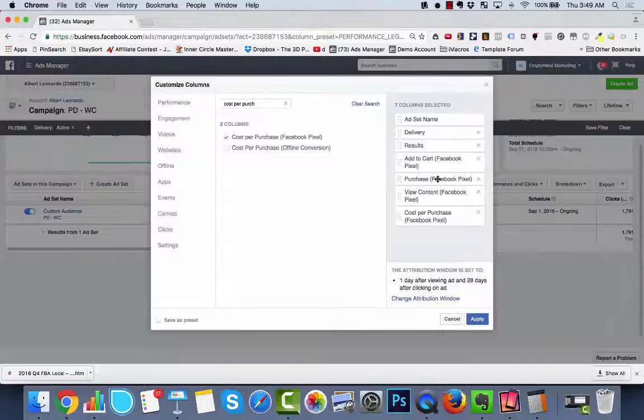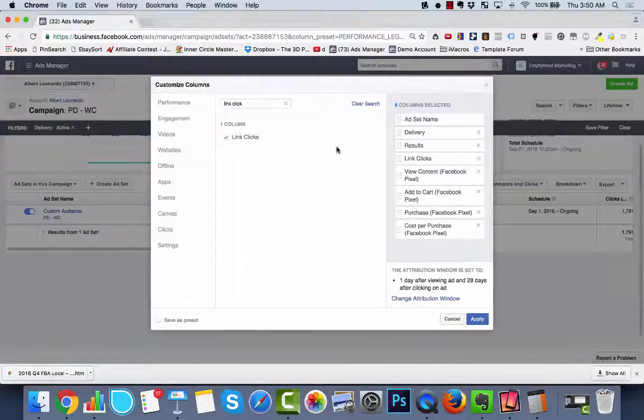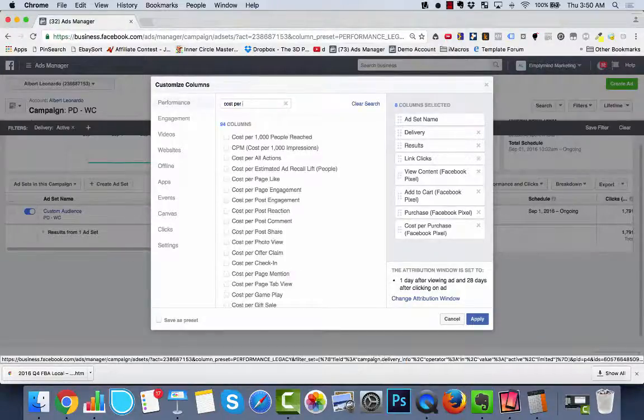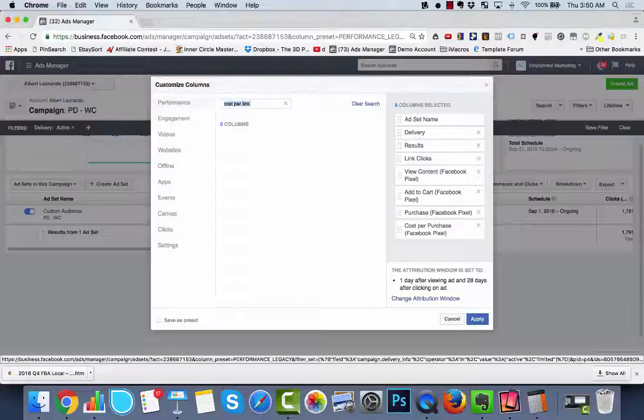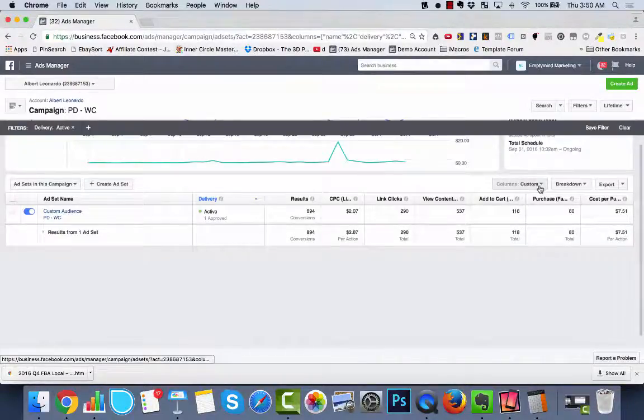And then you can rearrange this here: view content, add to cart, purchase, cost per purchase, and then I want link click to see how many people click to my site after seeing the ads, and cost per link click. Okay, so the CPC link, this is cost per link click. I put it before link clicks. Alright, and you apply, and then it will show custom, right?